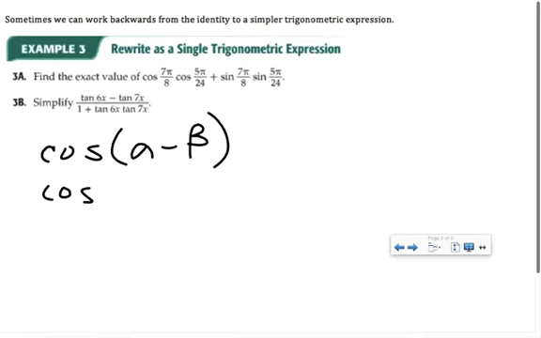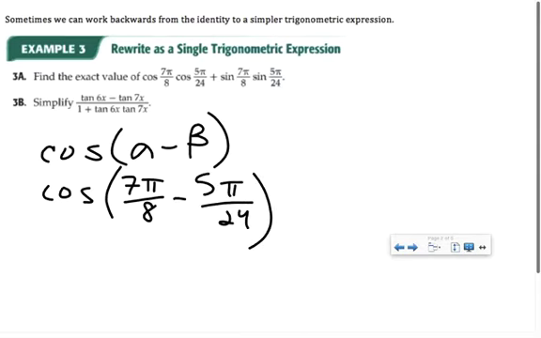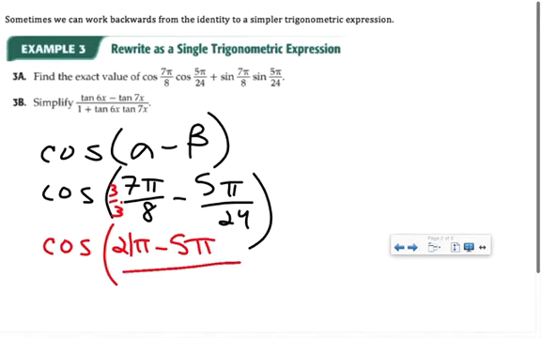So in this instance, it's cosine of 7 pi over 8 minus 5 pi over 24. So I'm going to subtract these fractions by getting a common denominator. This is now cosine of 21 pi minus 5 pi over 24.